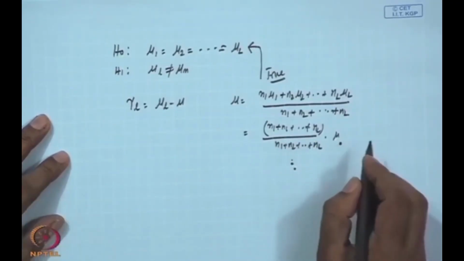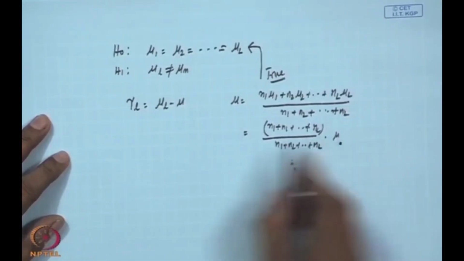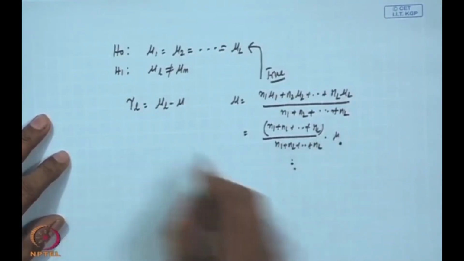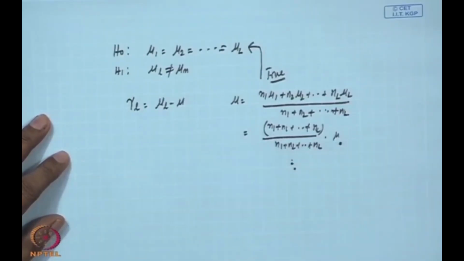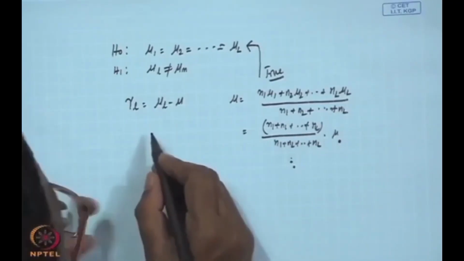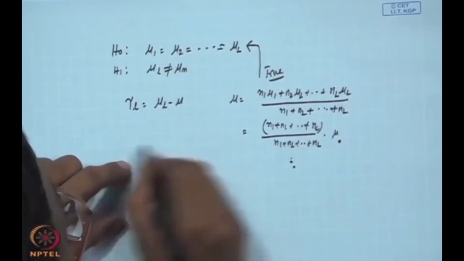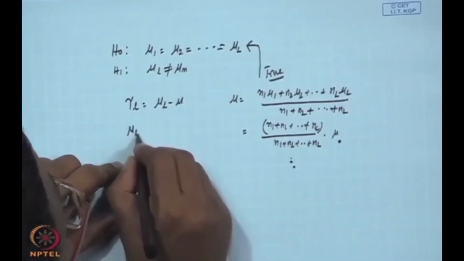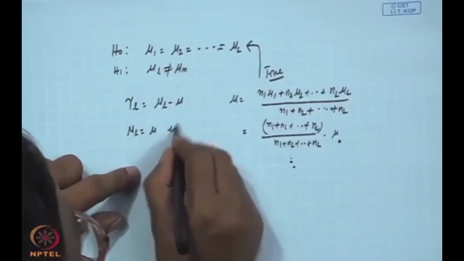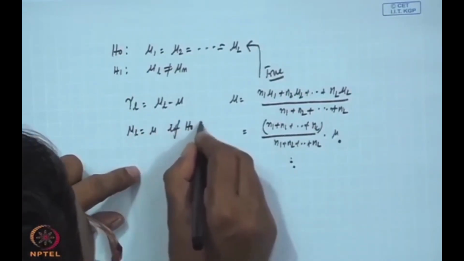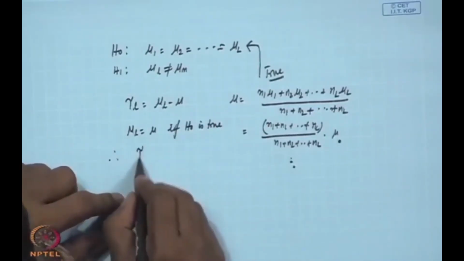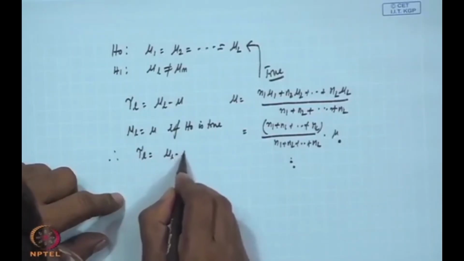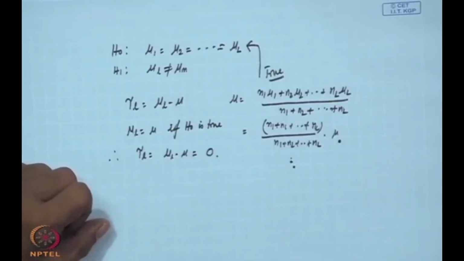So, what do we mean then? We want to say that every mu will be equal to the grand mu. Getting me? So, then we can say that mu L equal to mu if H0 is true, which indicates tau L equal to mu L minus mu equal to 0.